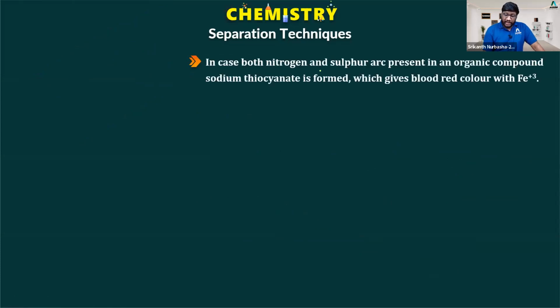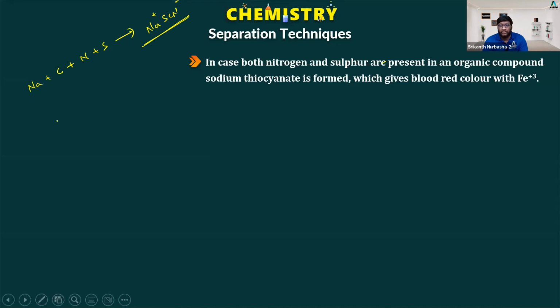In case both nitrogen and sulfur are present, the organic compound contains carbon, nitrogen plus sulfur, and they will form NaSCN. That means we will have Na+ and SCN- ion. The thiocyanate ion will react with which ion to form blood red color? Fe+3.